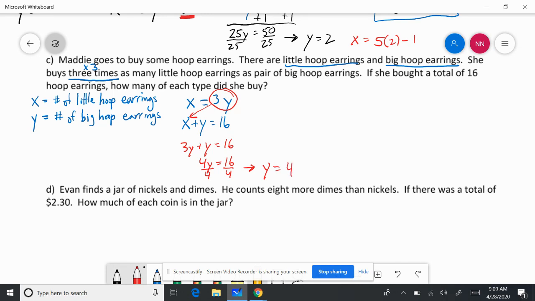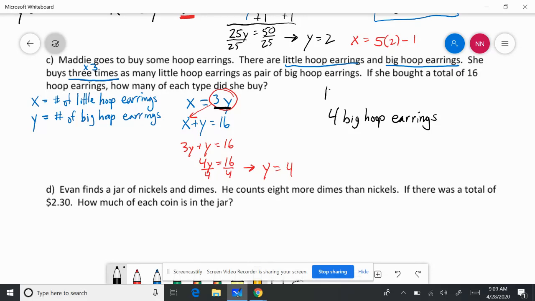That means that we have 4 big hoop earrings. Now, if we're trying to figure out how many little hoop earrings, remember, we times it by 3. 3 times 4 is 12.